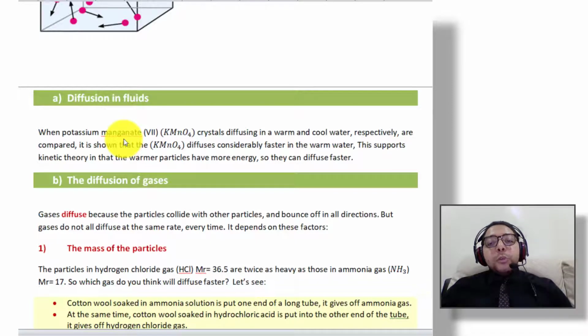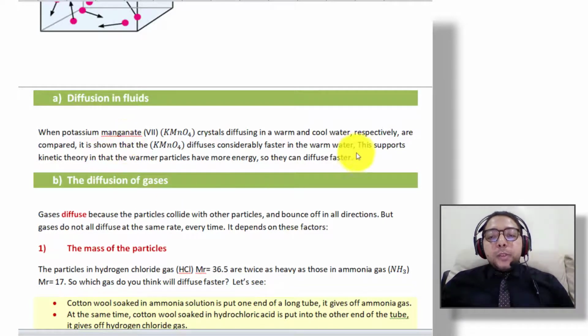On the other hand, when particles have less energy, they move much more slowly, and the diffusion is a little bit lower. So when compared, it's shown that KMnO4 diffuses considerably faster in warm water. This supports the kinetic theory, in that warmer particles have more energy, so they can diffuse faster.